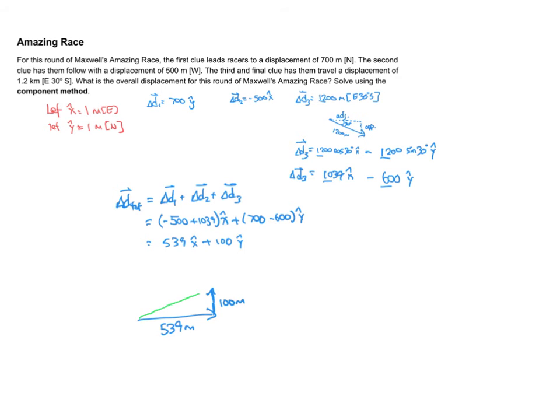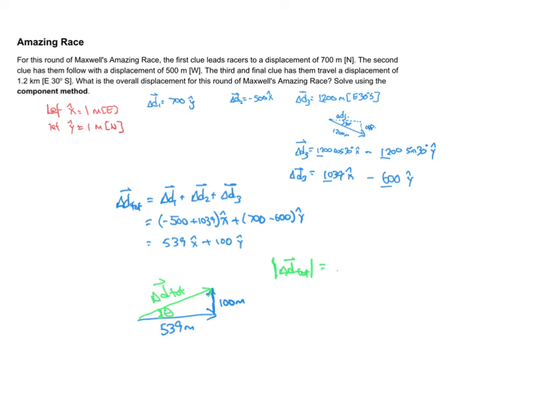I am looking for the hypotenuse. And also the angle, because I want to communicate the direction at the end as well. You may ask, how do I know which angle I have to find? Well, it's going to be the one that's at the start of the resultant vector, at the tail of the resultant vector.